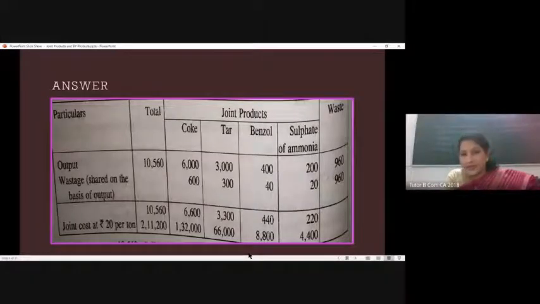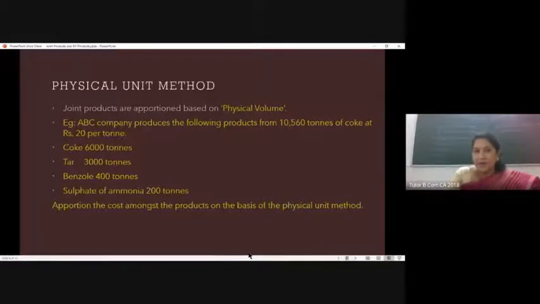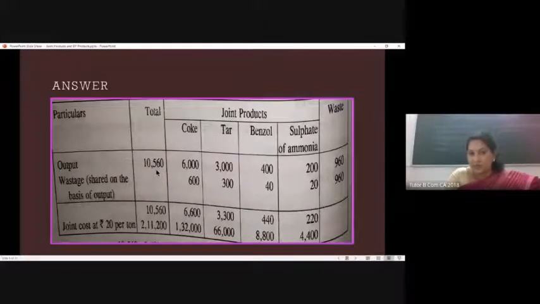Basically, looking at this example, you can see that the total output given in the question, 10,560, is put in the first column, which is the total column, and the different joint products are put accordingly, that is 6,000, 3,400 and 200. Now, how did this 960 come as waste? It's very simple.